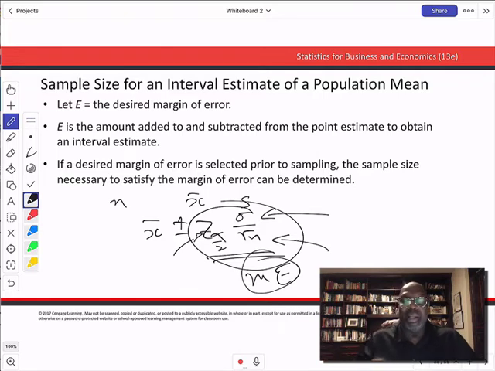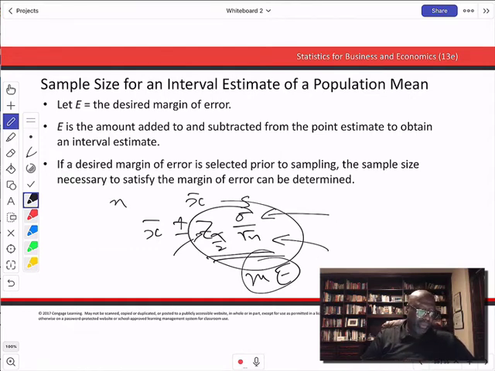It might just be too wide to tell us anything. If I said to you that the average mark in statistics is between 40 and 80%, ooh, that's a wide range. But if I said between 70 and 80%, then you're a little more comfortable with that. So how do we get our interval to be small enough to make sense, but balancing that with the sample size that we need?